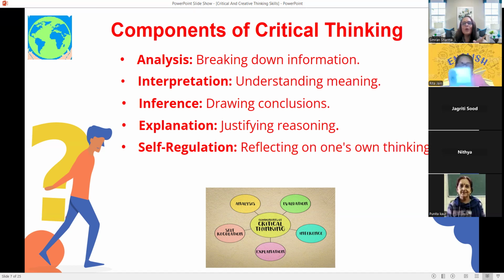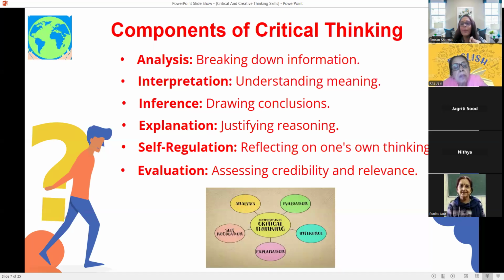But before you actually come to a final conclusion, you have to take care of one more component, that is self-regulation. What is self-regulation? Whenever you are analyzing the information, make sure that it is analyzed without any bias.